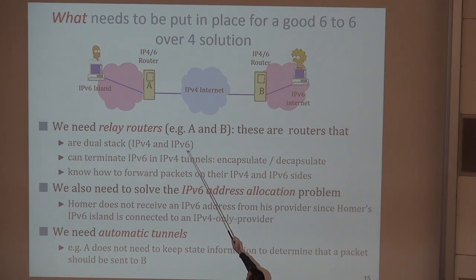We need also to configure the routers. We need routers like A and B that are able to do the interworking, and they need to be configured in terms of routing. So all of a sudden we have routers that speak routing in the IPv6 world and in the IPv4 world. How can we manage the two? We do not have routing protocols that will do the interconnection between the two.